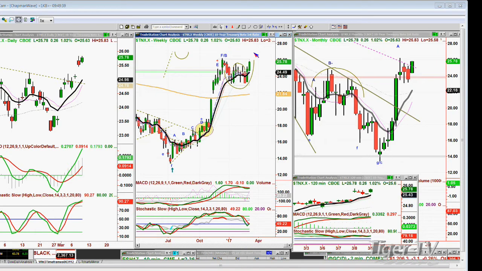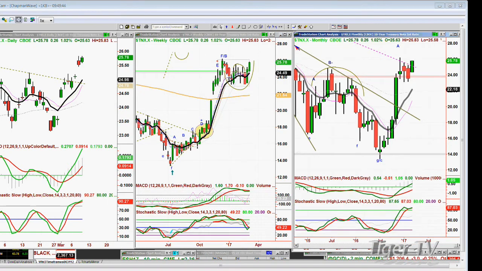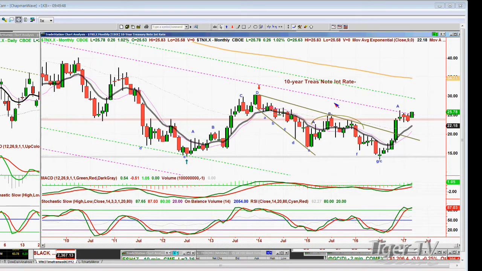It's up 26. And look what's happening in the monthly chart. Monthly chart right here. This is very important. This support, this resistance level. And I've drawn this in to say, we've been here so many times. What is different about this is that you've got the Fed saying we want to raise rates. That's really what's different. Look, let me squeeze this closed right here.